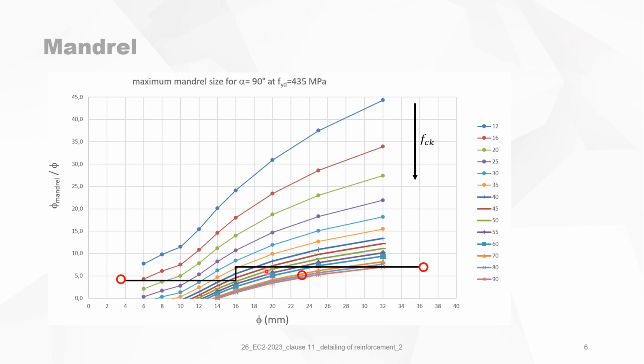You will see that for high strength concrete, the minimum mandrel diameter is governing. We also notice that the low grade concrete needs much bigger mandrel diameters, even up to 40 times the diameter.